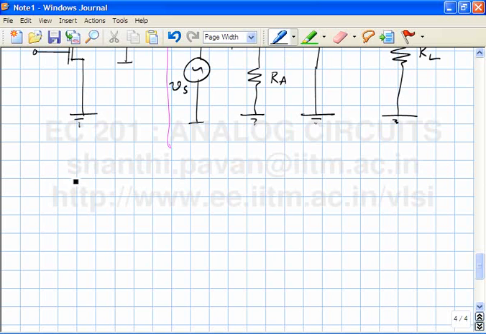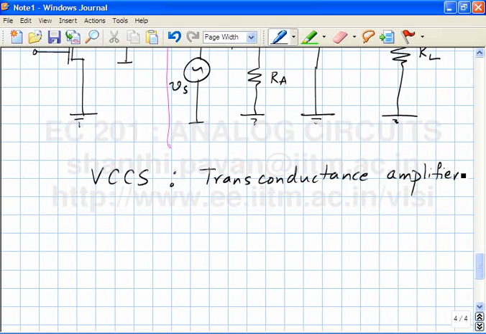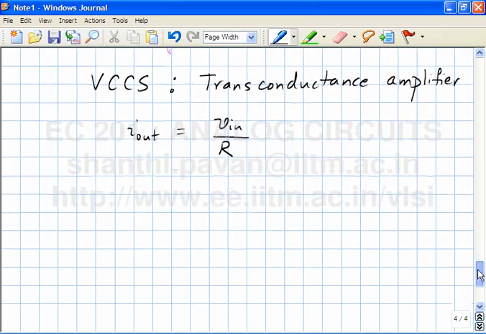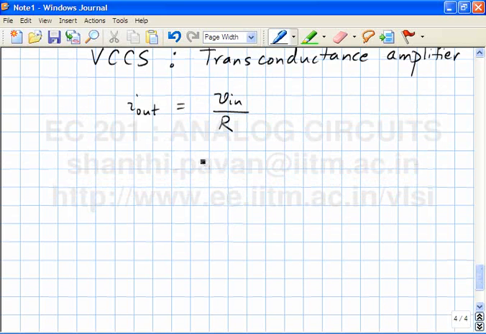The next thing is the voltage controlled current source, what we call the transconductance or transadmittance amplifier, where the aim is to generate I out, an incremental output current which is Vin by some R. You understand? And how would you do this? If you had a variable current source, and we have discussed this before, so I am not going to go through this all over again.